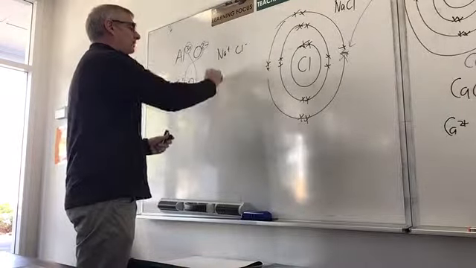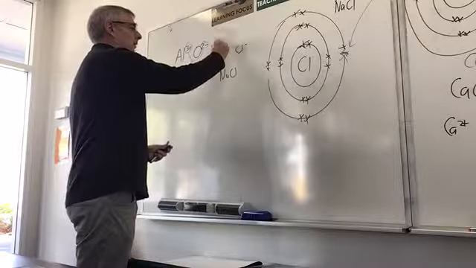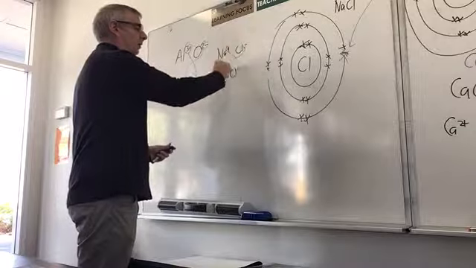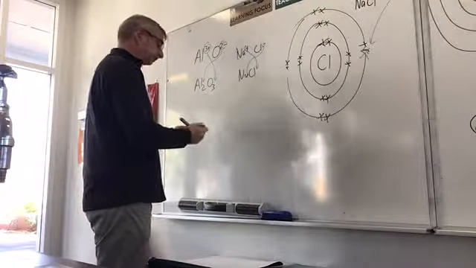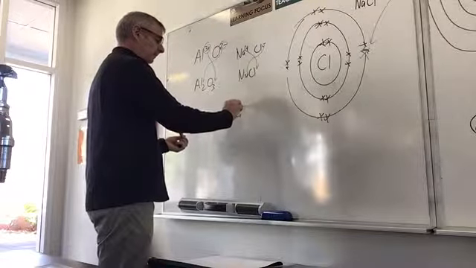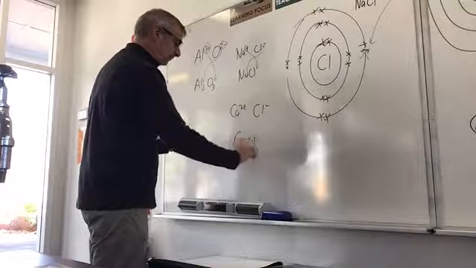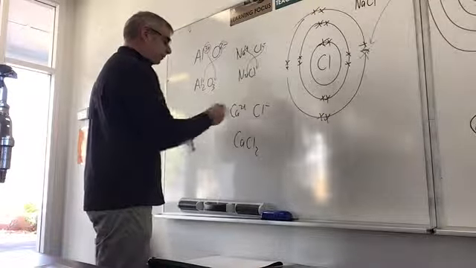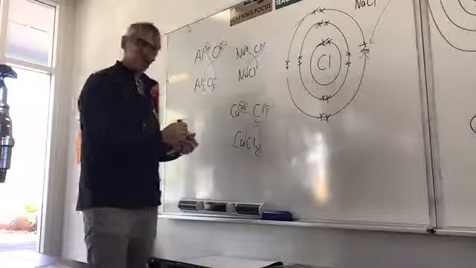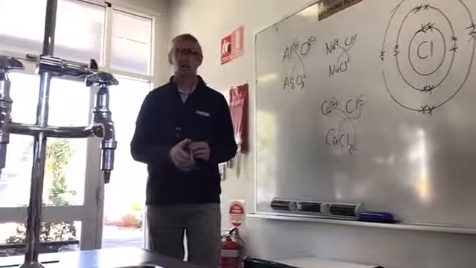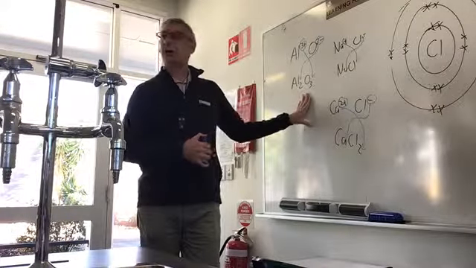We had one of each. So we've taken one, we've swapped and dropped. And we did it with calcium chloride. To get CaCl2, we took the 2 from here, swapped it down there, the 1 from there, swapped it down there.